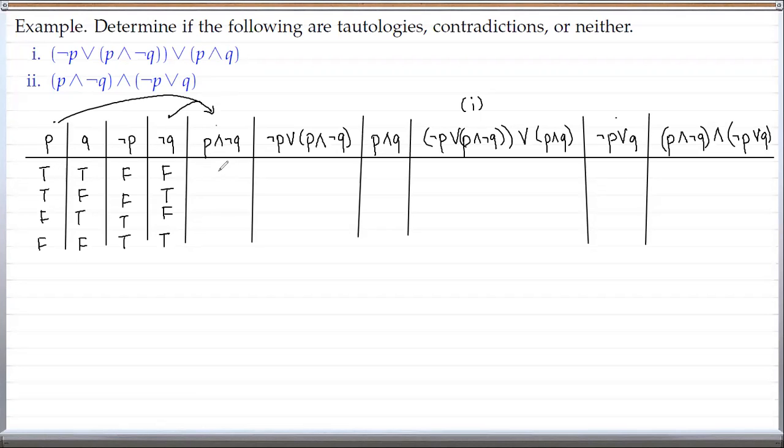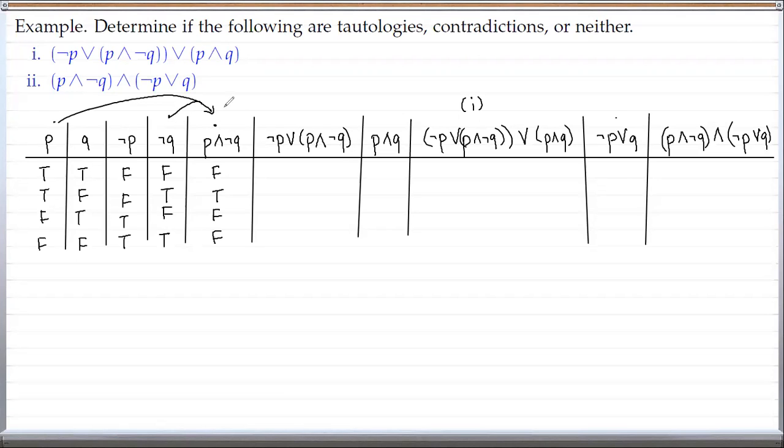True and false would be false. True and true is true. False and false is false, false and true is false. So these are the values for P and not Q. Next we have not P or P and not Q. So P and not Q is this column.